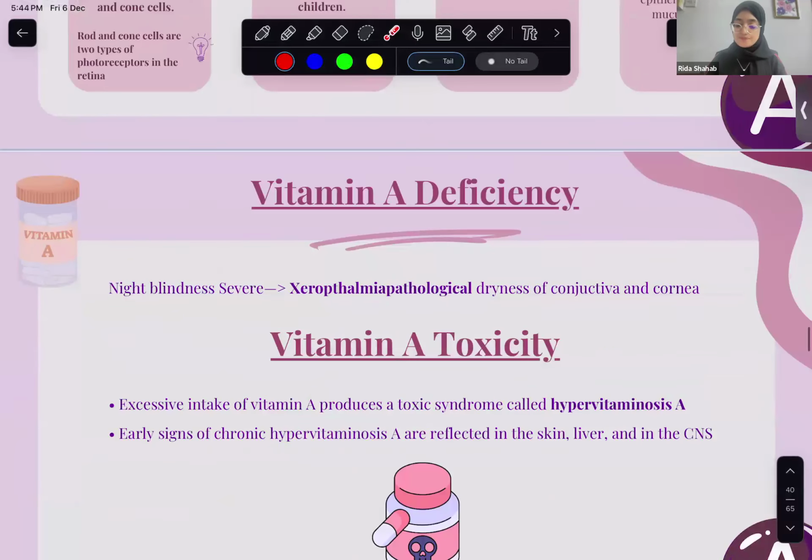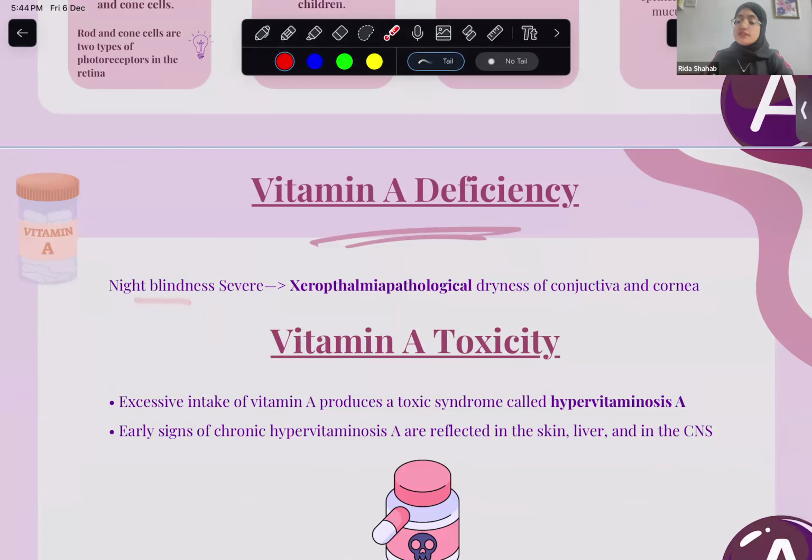Okay. So we just talked about night blindness. This is one of the deficiencies that vitamin A causes, very important. If it gets severe, it's called xerophthalmia, which is basically the dryness of your conjunctiva and cornea. So there's going to be dryness in the eye, okay?